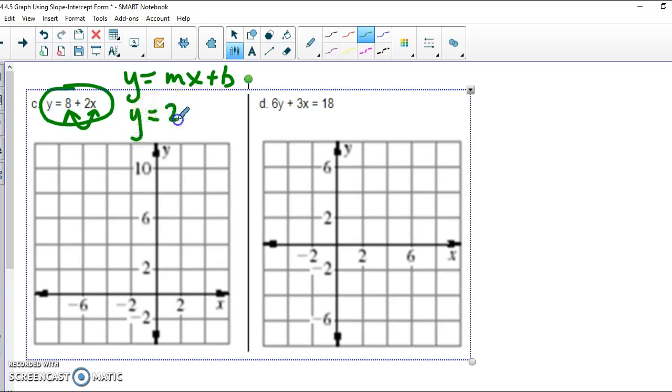So I still have a positive 2x and a positive 8, but if I rewrite it this way, I can more easily identify my slope and y-intercept. So my y-intercept is positive 8, so on the y-axis I'll put my point at positive 8, and from here I can use my m, my slope, to find some more points. So rise 2, run 1.